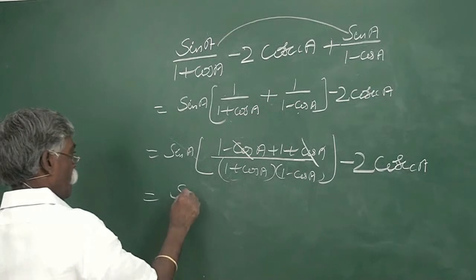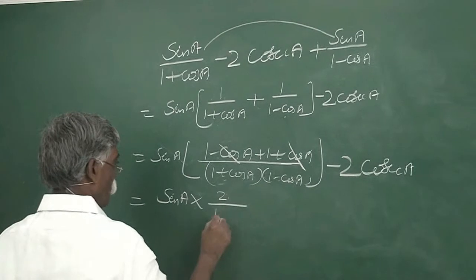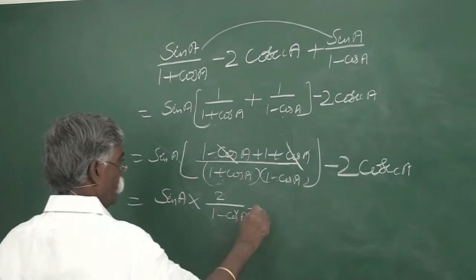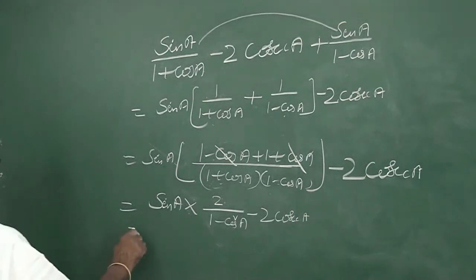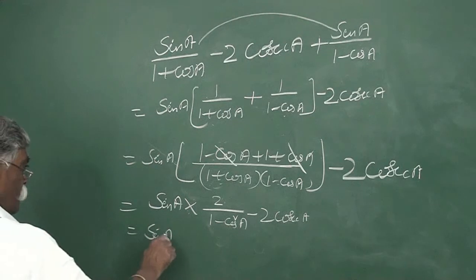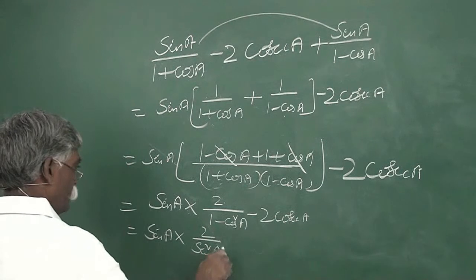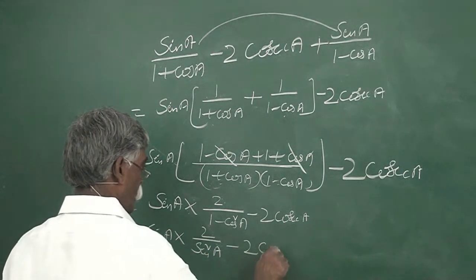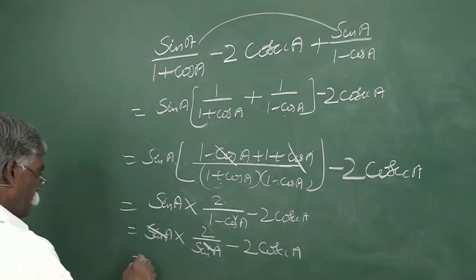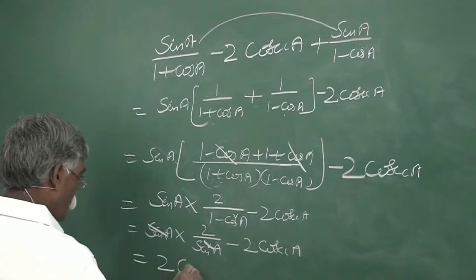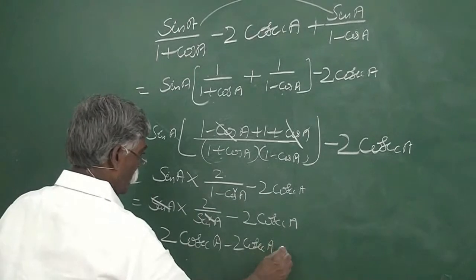This is sin A into 1 plus 1 is 2, by this is 1 minus cos square A, minus 2 cosecant A. And this is sin A. This is 2 by 1 minus cos square A is sin square A, minus 2 cosecant A. The sin A and square cancel. 1 by sin is cosecant. Therefore, this is 2 cosecant A minus 2 cosecant A equals 0.